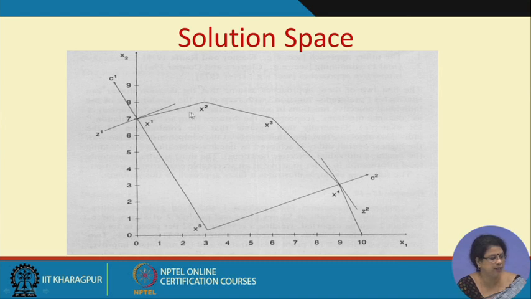But if I move from x 4 to x 1, the value will be decreasing. In the other case, for the first objective function, if I move from x 4 to x 1, the first objective function value is increasing, whereas if I move from x 1 to x 4 through the edge of the feasible space, the z 1 value is decreasing. That is why through this edge, z 1 is increasing and z 2 is decreasing at every point.